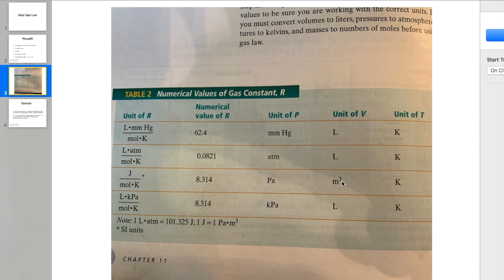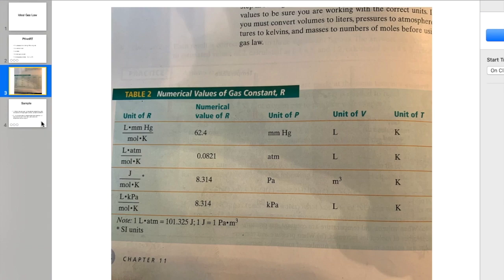We're not going to worry about cubic meters. If the pressure is in millimeters of mercury, then the R value, that constant, is 62.4. In the same problem, if we converted the pressure to kilopascals, we would also have to change our R value.